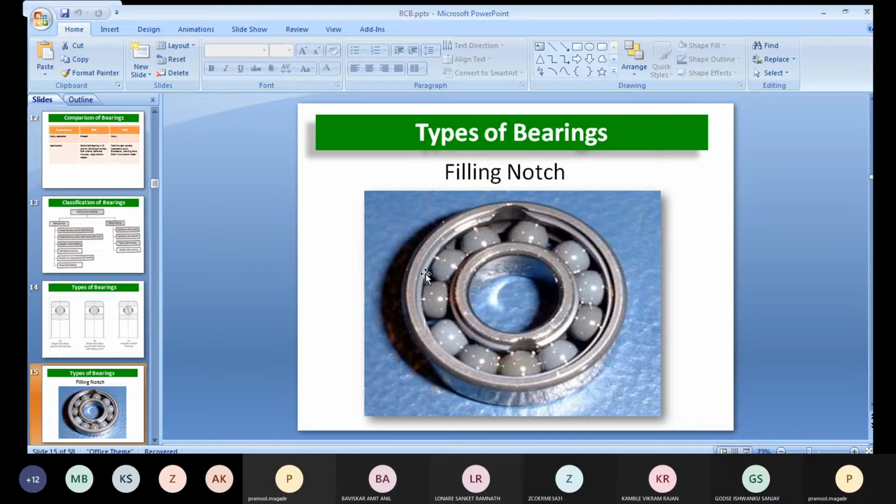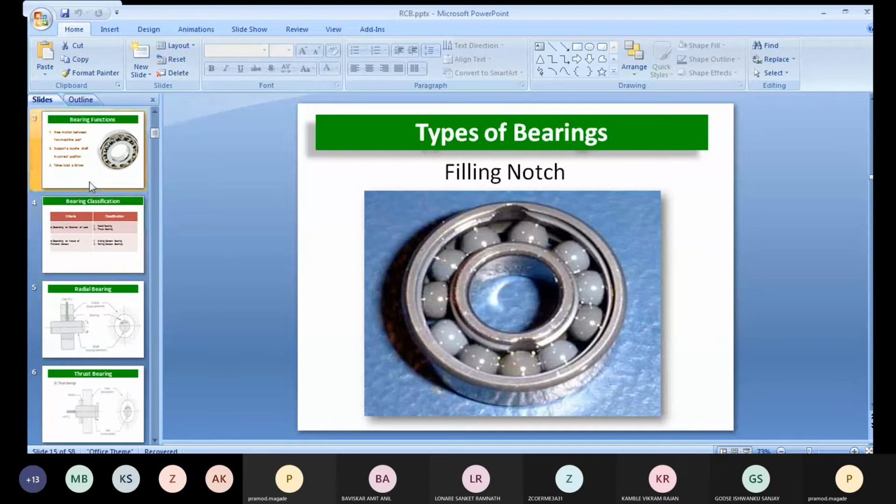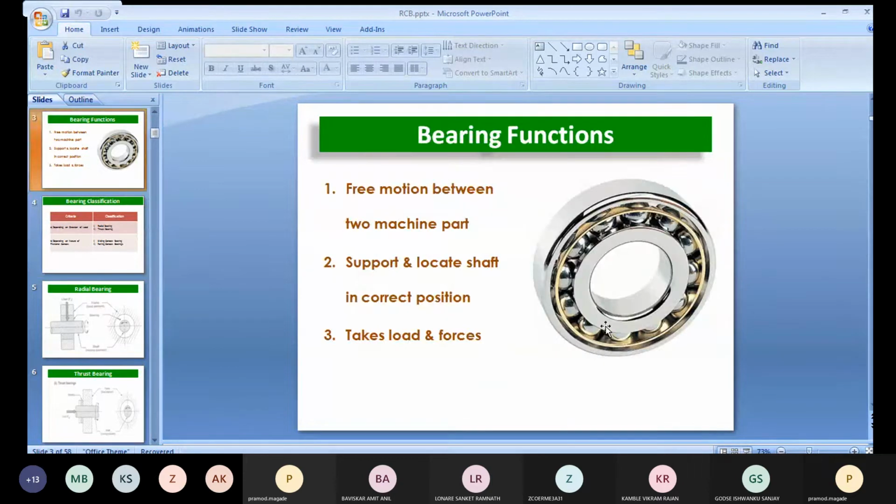Of course, if deformation is more in any of these balls, we'll have to replace it. Correct. In this case, in a single row, if any ball has maximum deformation, then it will not stay fixed in the races. So because of that, what will happen? There will be vibration and noise created, and it will not work, or load will not be distributed throughout the balls. So because of this, we have to change the whole bearing.